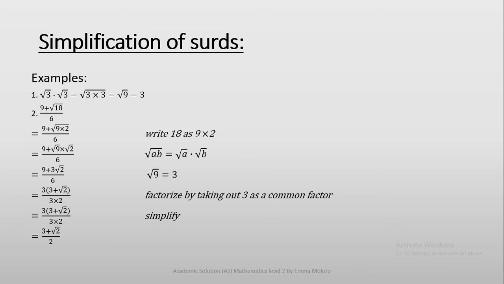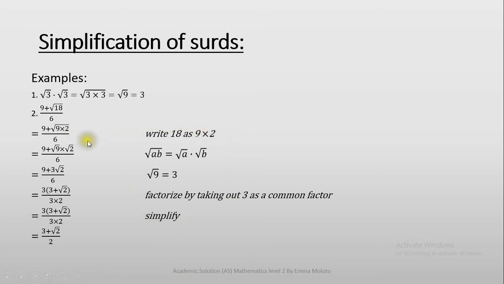Number 2, we have 9 plus the square root of 18 divided by 6. Please make sure that you check the notes that I've written on the side so that you can understand what's happening in each and every step, so you don't get confused.